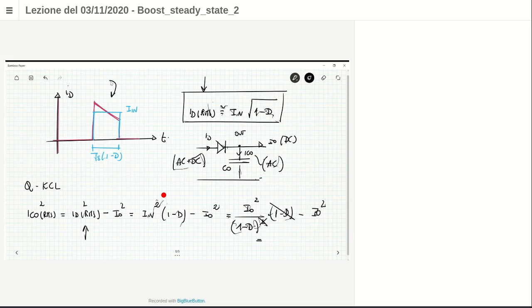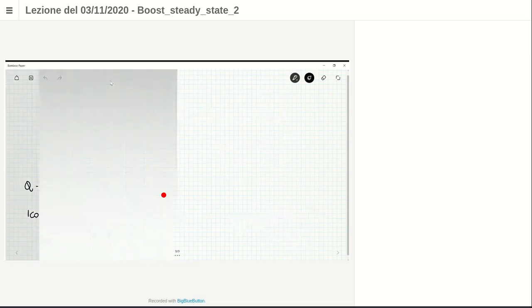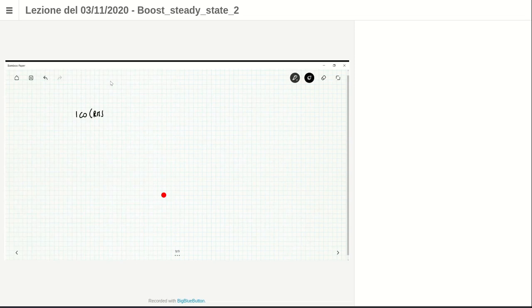So what I can get is I naught squared multiplied by b over 1 minus b, and so IC naught root mean square value is I naught times the square root of b over 1 minus b.